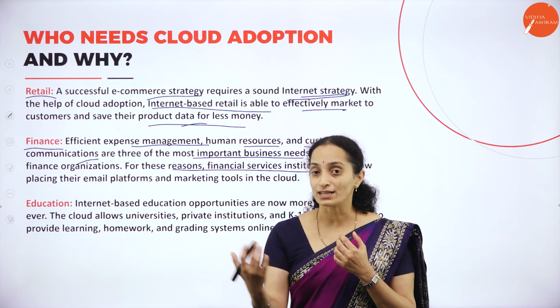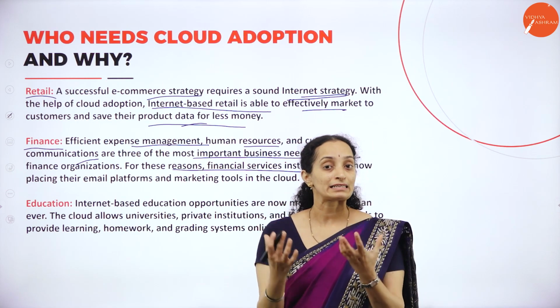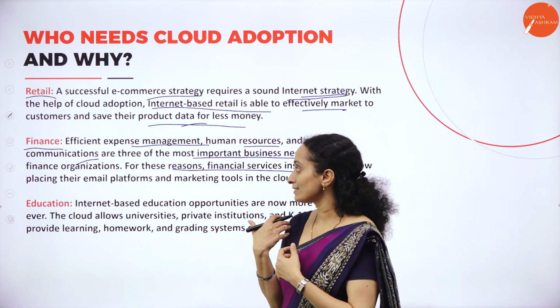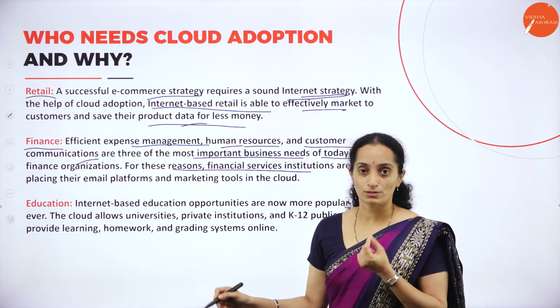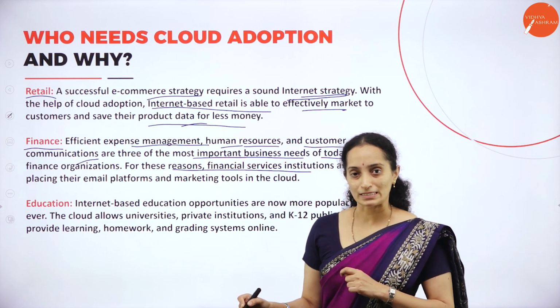If they are having community cloud where different branches of the organization are interconnected through the cloud, they can do their transactions or expense management or human resource management. All those things can be done using the cloud itself, is it not?